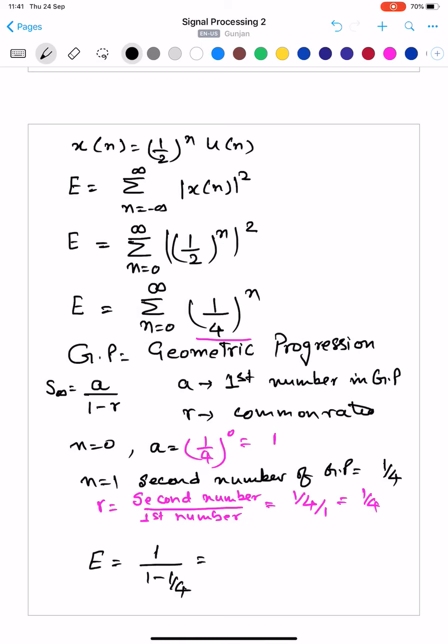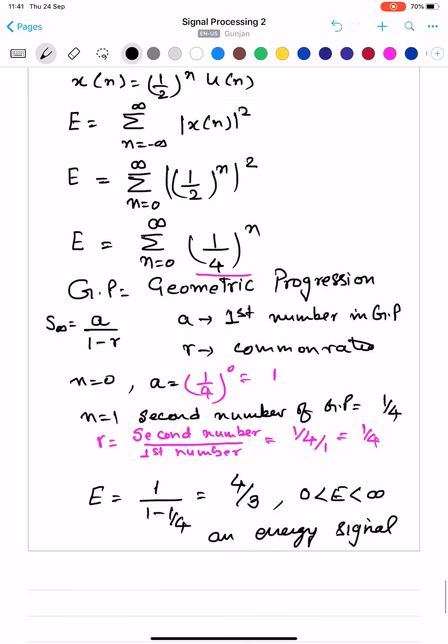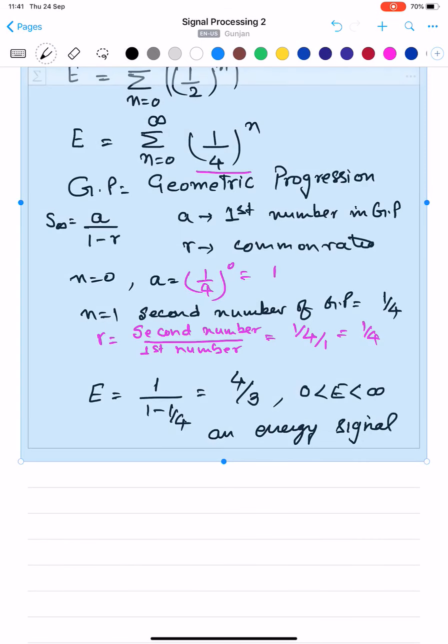So it will be equal to 4 by 3. So you can say 0 is less than E is less than infinity. So it's an energy signal.